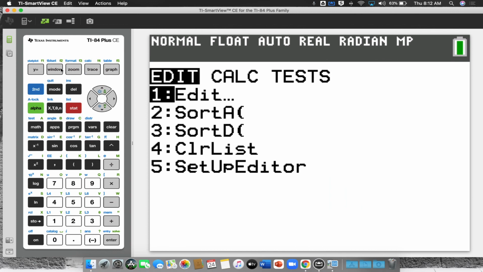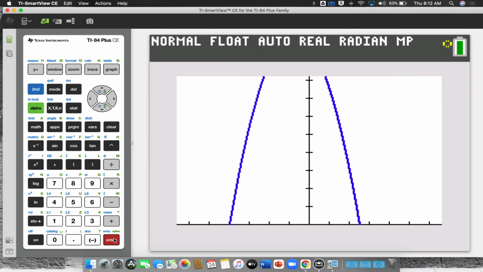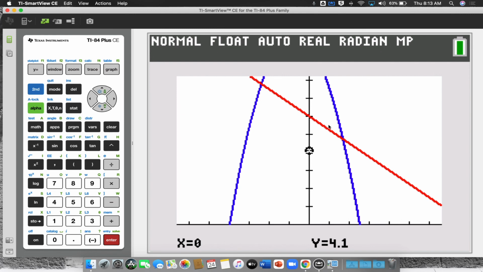Maybe zoom out instead. There we go. Now you can see where it crosses, right? We know the left edge is going to be 0. We're just trying to find this guy right there.